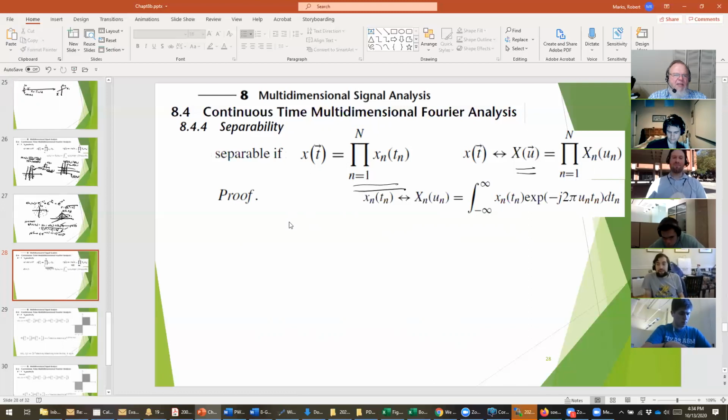What this means, for example, is that the sinc of t times the rectangle of t2, say, for example, this has a Fourier transform of the Fourier transform of this. What's a Fourier transform of this? It's a rectangle function, right? And what's a Fourier transform of this? It's a sinc function.